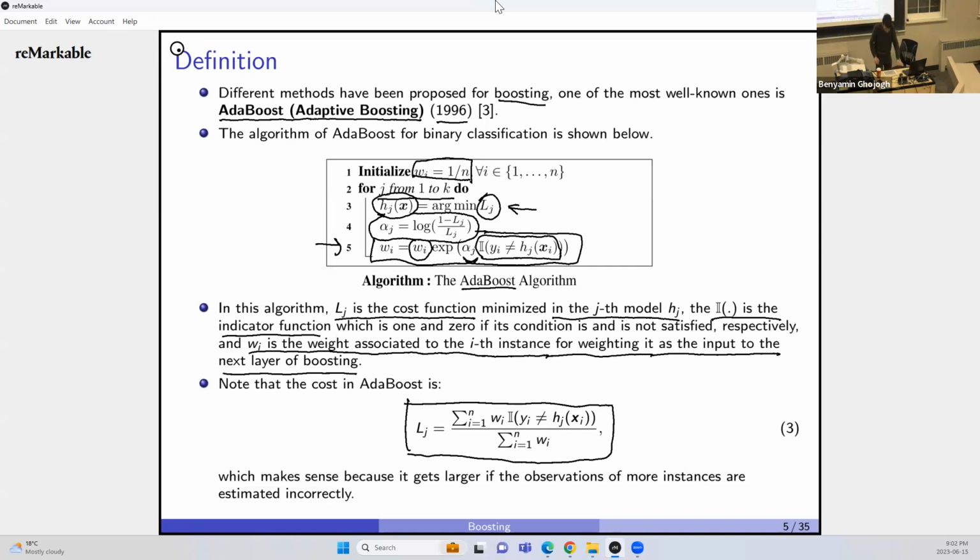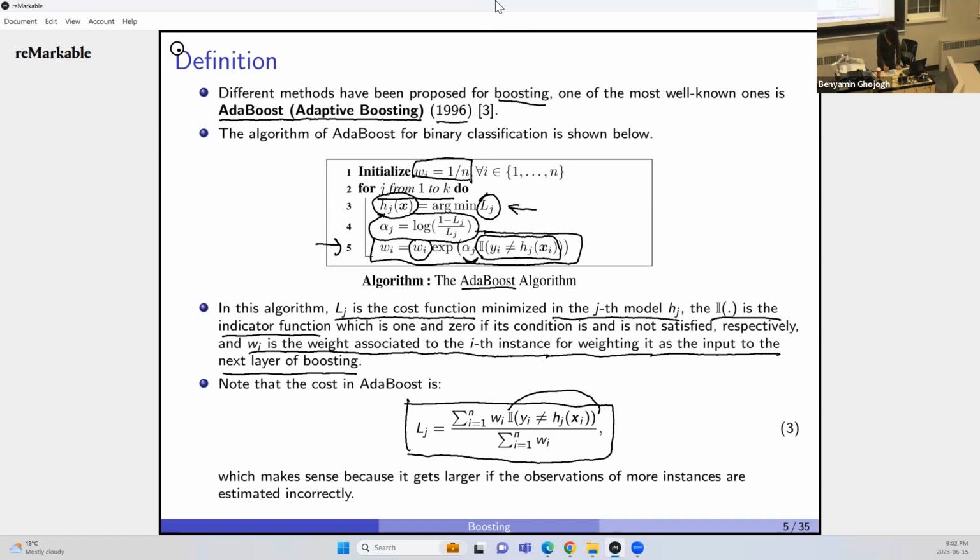What does it say? Basically, this indicator function is 1 when the model estimates incorrectly. So it's saying, how many incorrect estimations do I have? Assuming this is a classifier, this indicator function says whether my hj, the jth model, is estimating the class label mistakenly, and then I'm counting them.